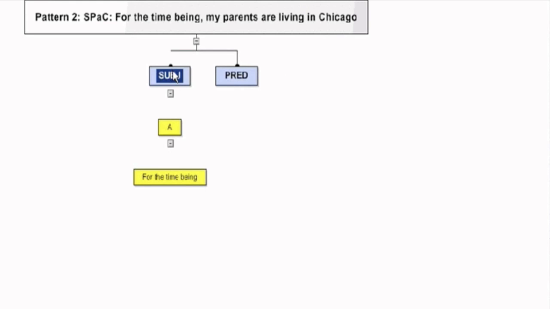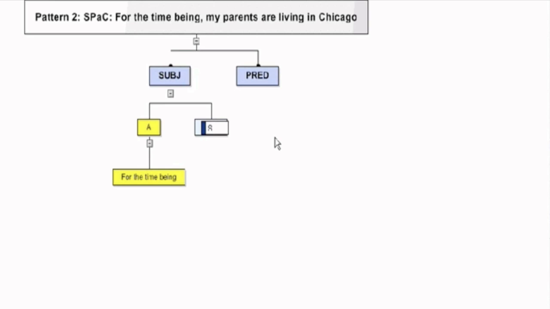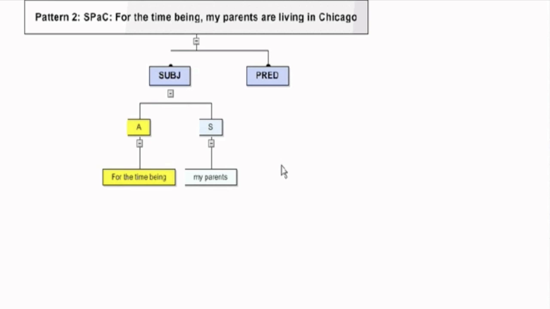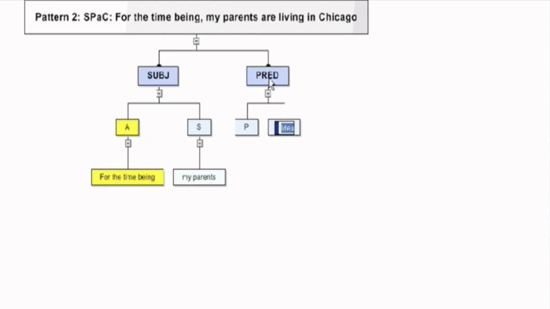Also in the subject we have the subject itself, and in this case it's "my parents." Later on we'll be looking at the head of the subject, but that will be later on in the course. Meanwhile, in the predicate we have a predicator, "are living," and we have an adverbial complement.